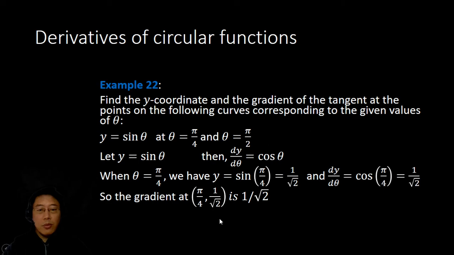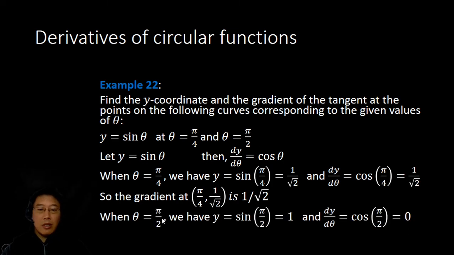So the coordinates of the point are pi on 4, 1 over root 2, and the gradient is going to be 1 over root 2. It's the same value, but obtained differently.